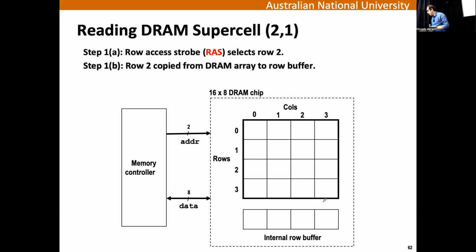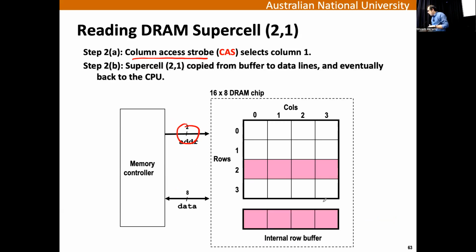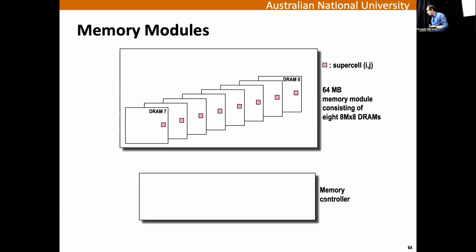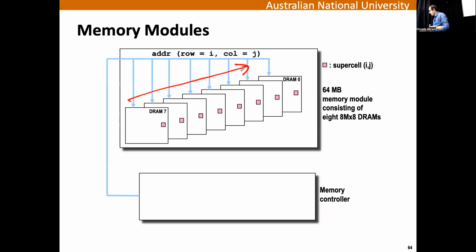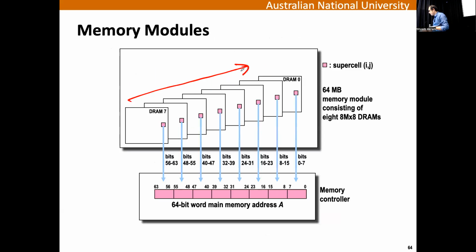Okay, so what we do in reality is when we want to get more capacity, we have many of these chips, and we have an array of these chips. Each of them generates 1 byte of a 64-bit word. Typically, for communication between CPU and memory, we don't send just 1 byte, we send 64 bits, because this is the size of our registers.